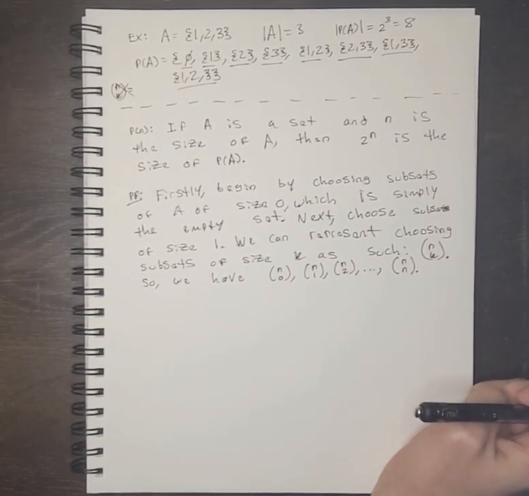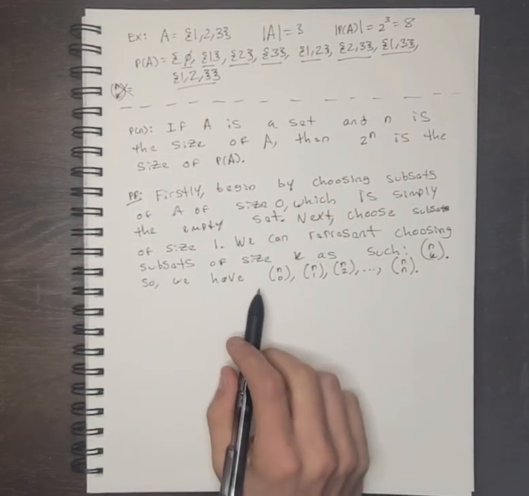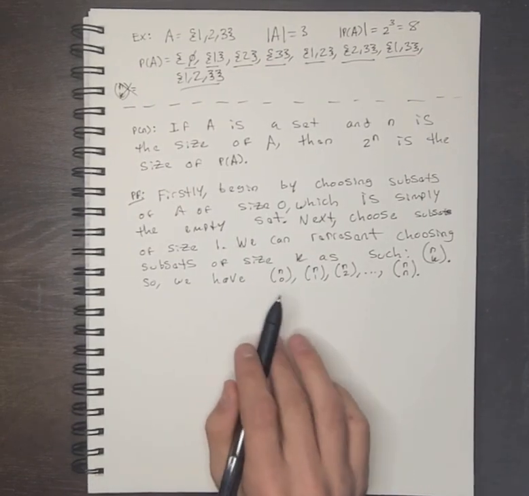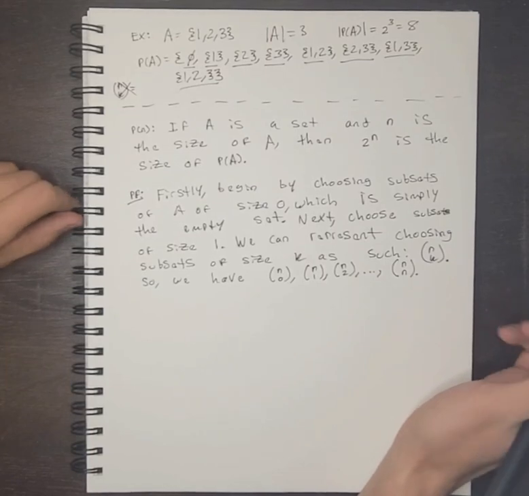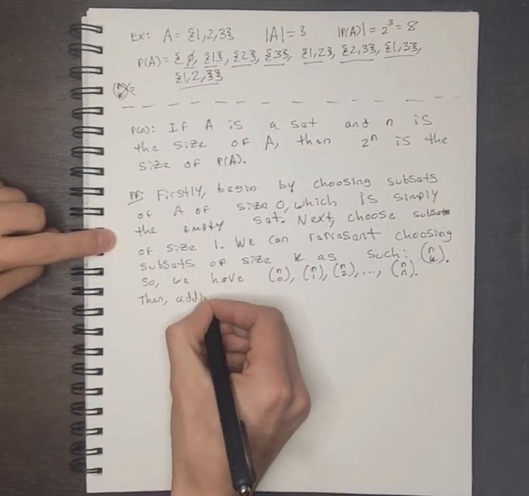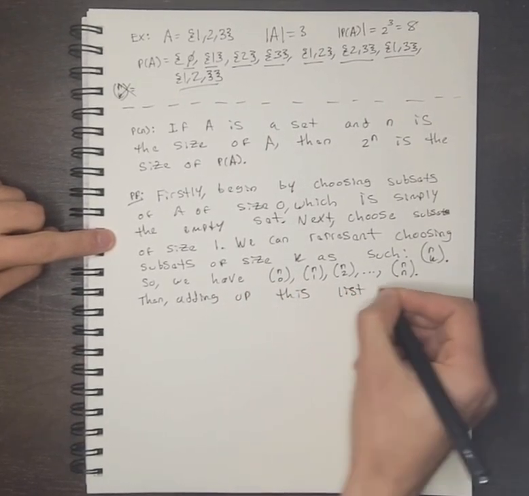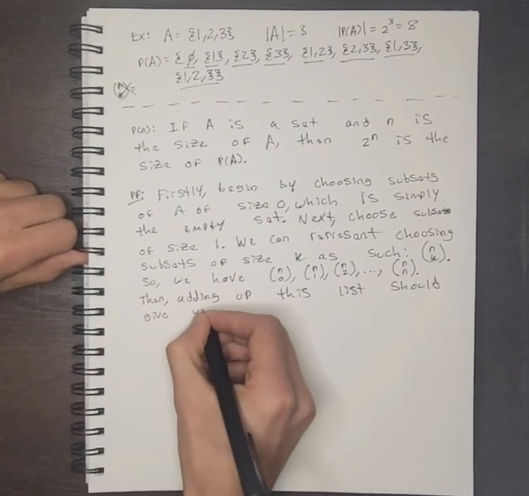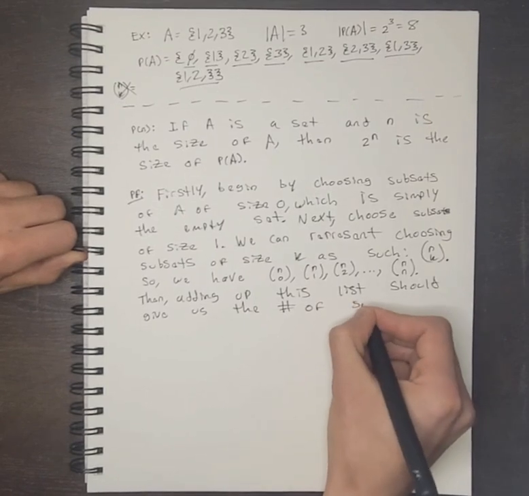And I think hopefully that's self-explanatory. So we have our list of combinations. What we're going to do next is add up this list, which should give us the number of subsets of A.